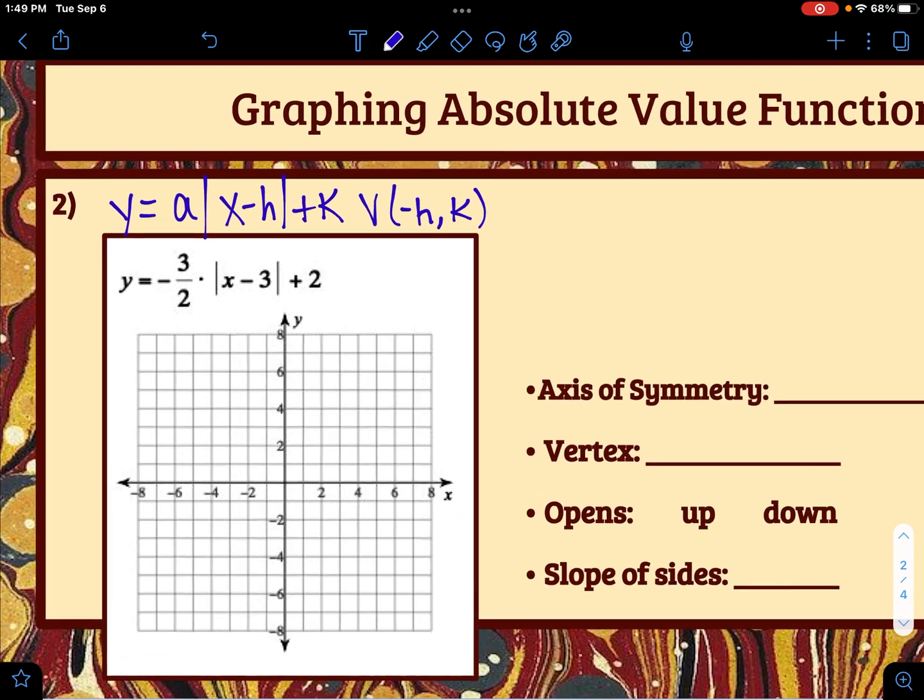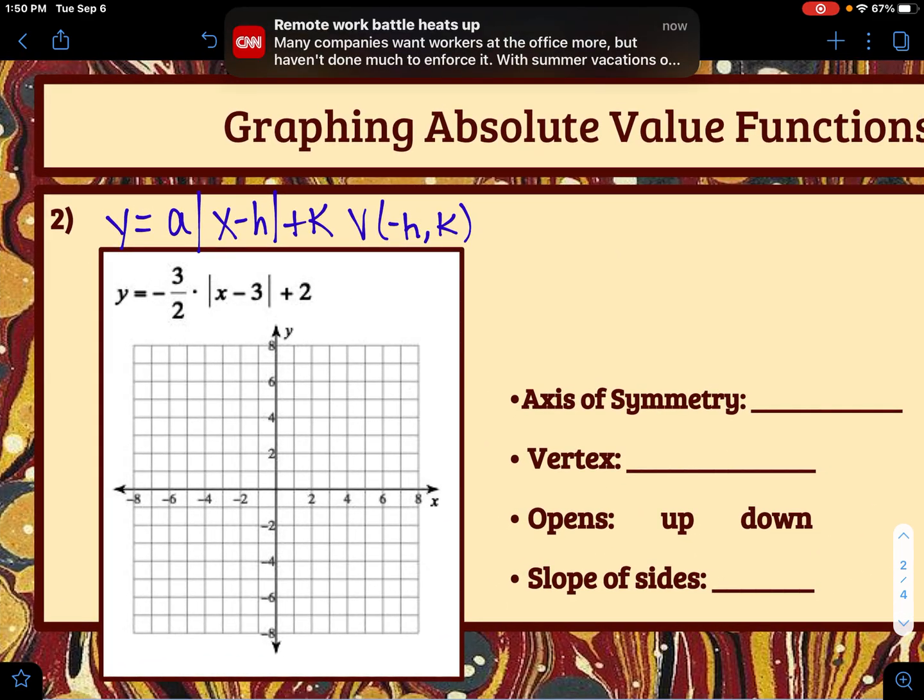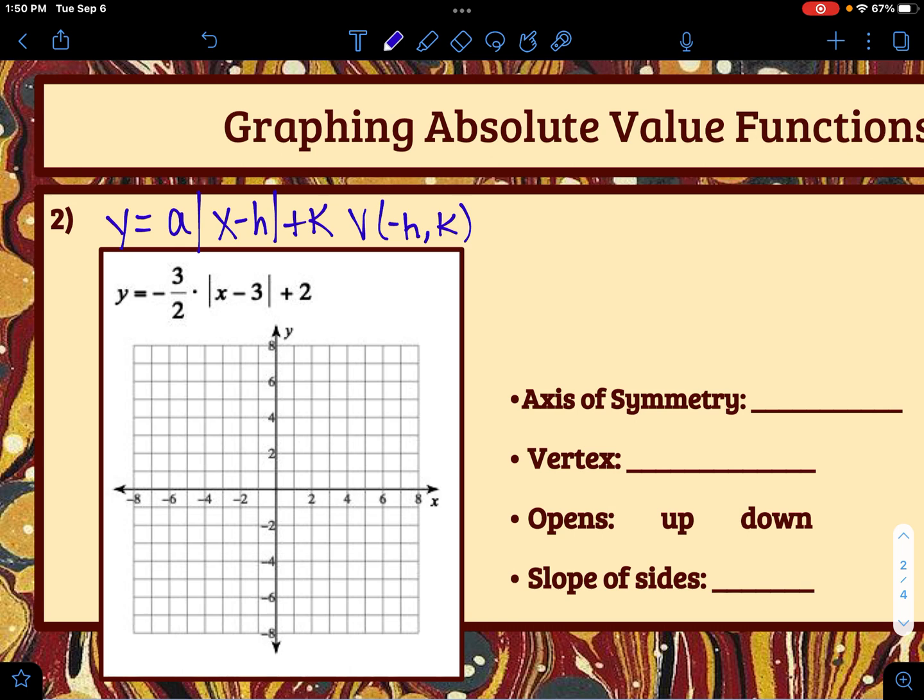All right, so for the vertex, I'm going to change the sign on h and keep the sign on k. And then the axis of symmetry goes right through the vertex, and they share an x value.